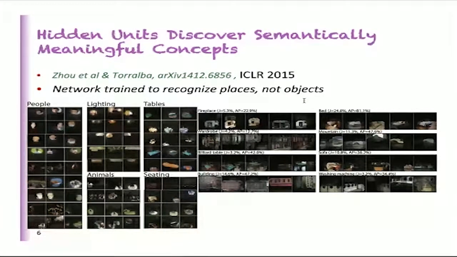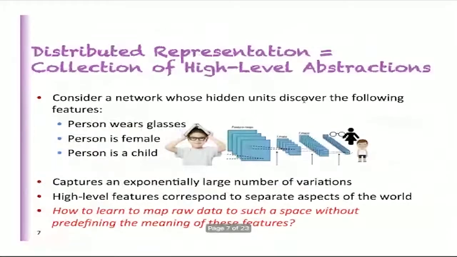But it discovers a representation of the data which actually has a semantic meaning, where each image is represented by a bunch of features, like in the example on the slide. Does the person wear glasses or not? Is the person a male or female? Is the person a child or not?